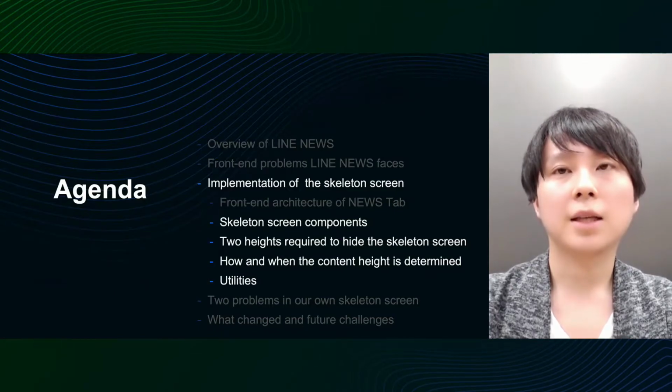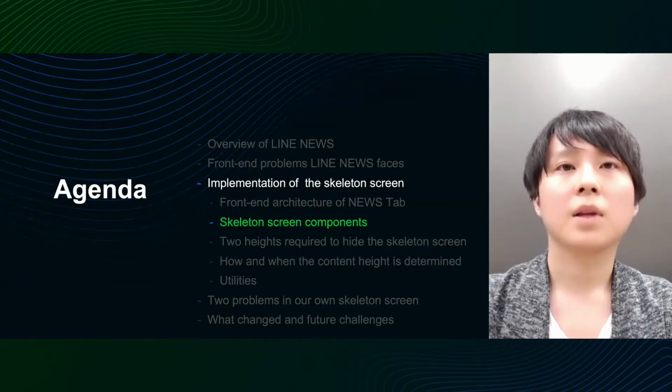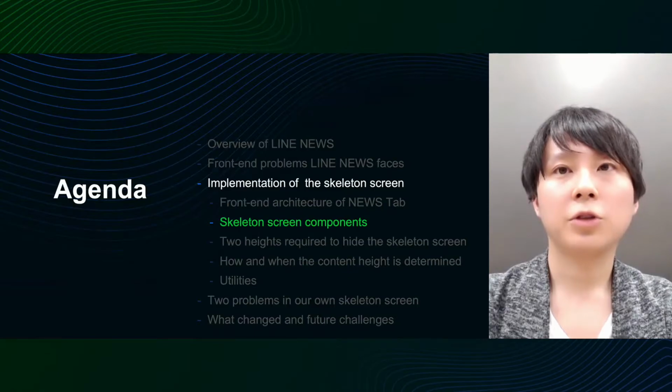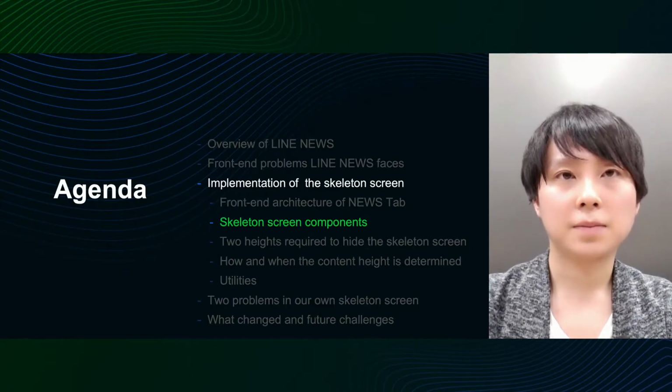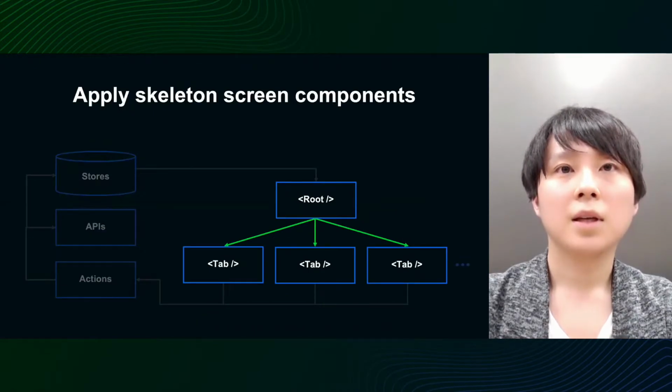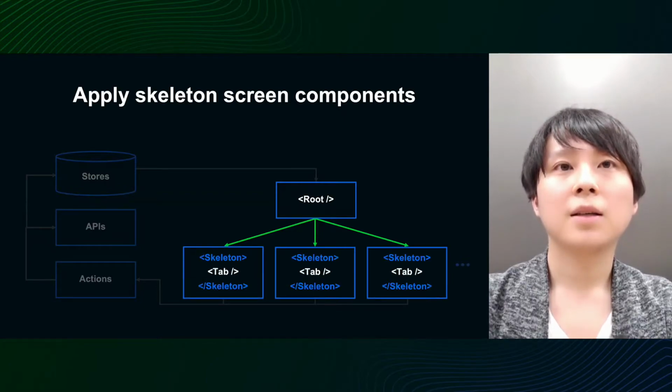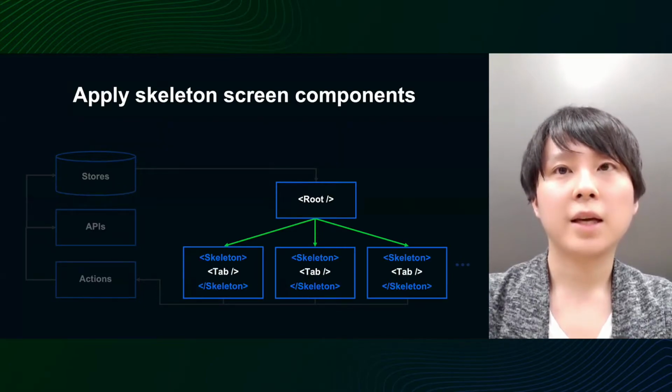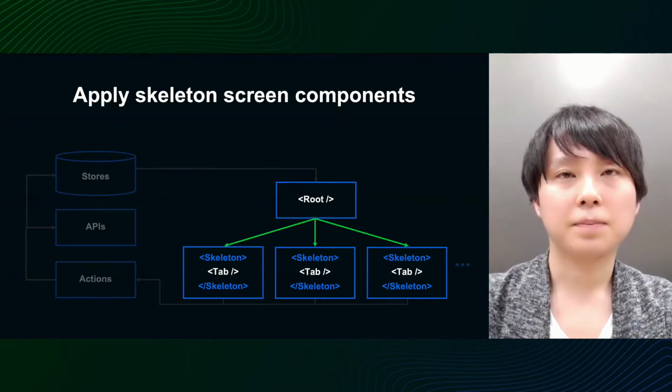I will now talk about how we incorporated the skeleton screen into these architectures. First, let's talk about the implementation of the skeleton screen UI component. We aim to make the skeleton screen components wrap and place the tab components.